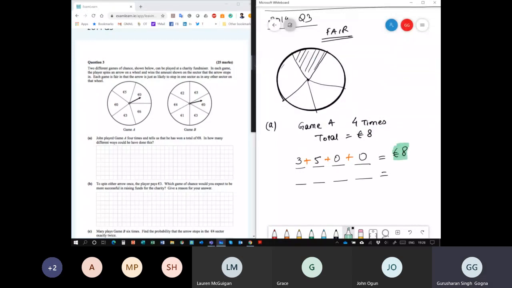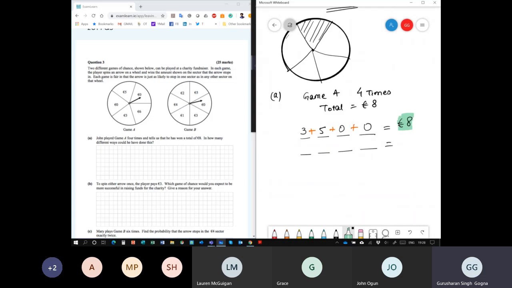Which two or three numbers would you add to get 8? According to the numbers you have 0, 0, 3, 5, 6, and 6 cannot be added to any number like 3 or 5 to get 8. So there is only one possibility, a combination of 3 and 5. But 3 and 5 can occur at different spins.